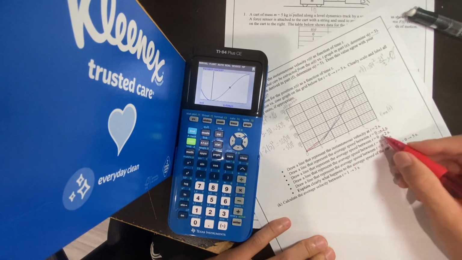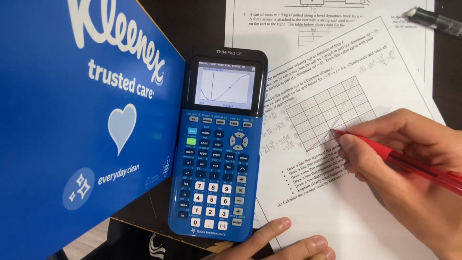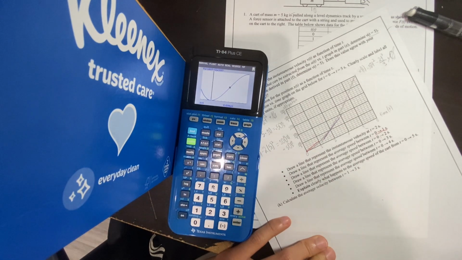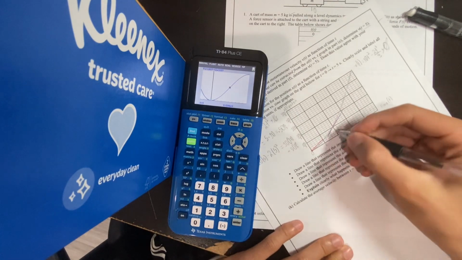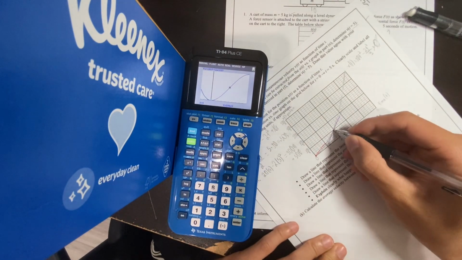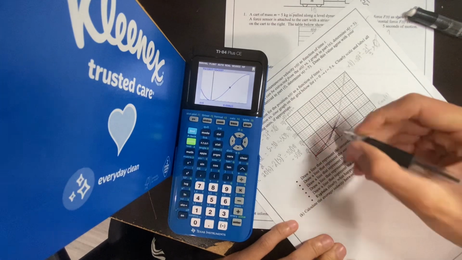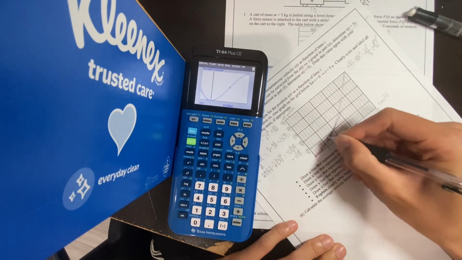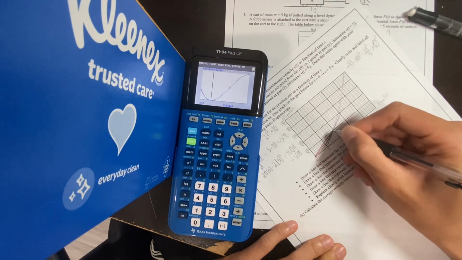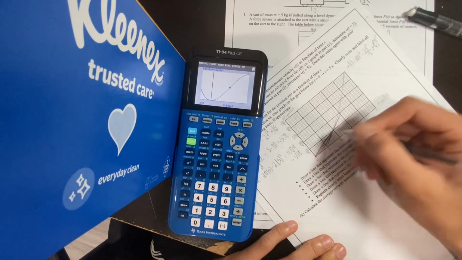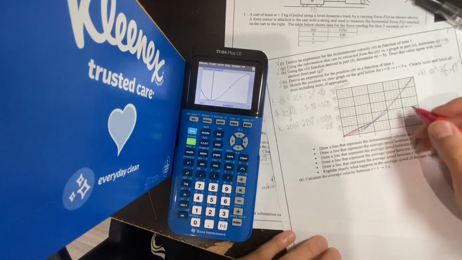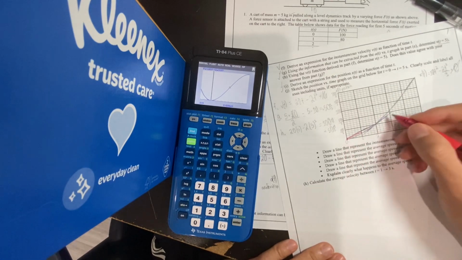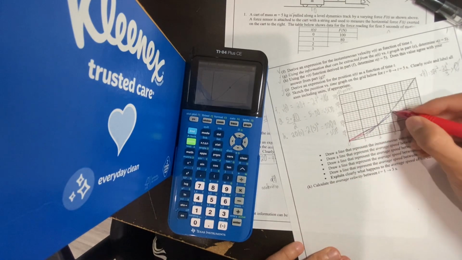And then from 0 to 2, use a black pen. It'll be a little bit higher. The slope will be a little bit bigger. Switch back to red. 0 to 3, 3 right here.